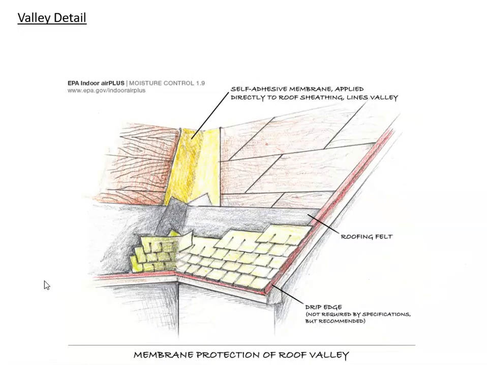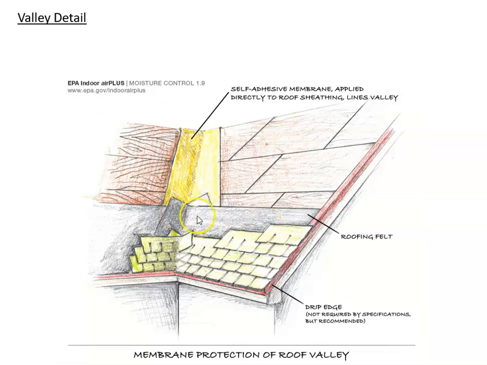Here is a valley detail, very important. This is one location, again, a vulnerable area. Often either the tar paper or a self-adhesive snow and rain barrier would be adhered in the valley.